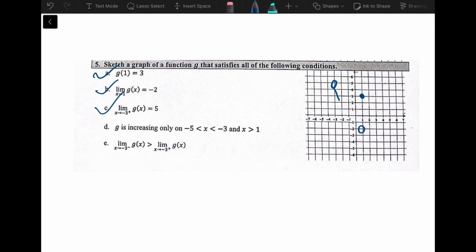Check. G is increasing only while x is greater than -5 but less than 3, and while x is greater than 1. Okay, so that means that, let's say from this point at -5 to -3, it's positive.